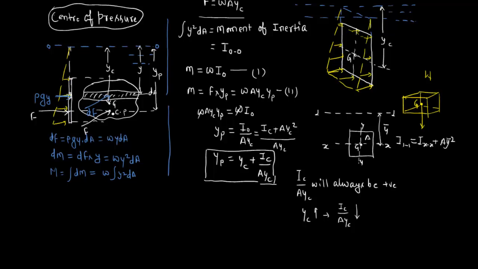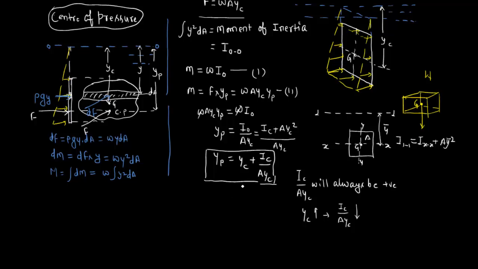So this is the center of pressure. Okay, and we can calculate the distance of the center of pressure from the free surface by calculating Y_P. In the beginning I told you that this center of pressure is actually the center of gravity of the pressure intensity diagram. I'm repeating again, center of pressure is the center of gravity of this pressure intensity diagram. So how is this possible?